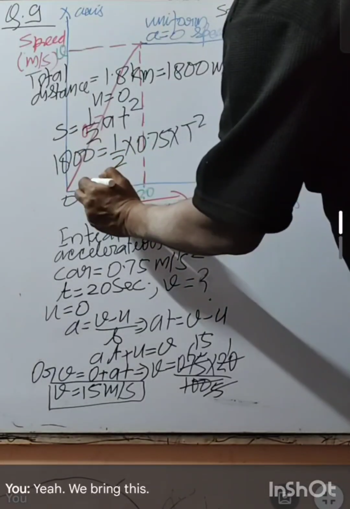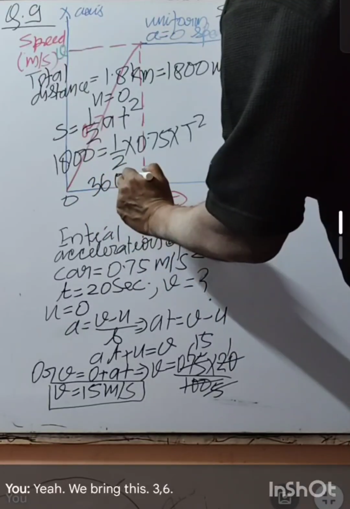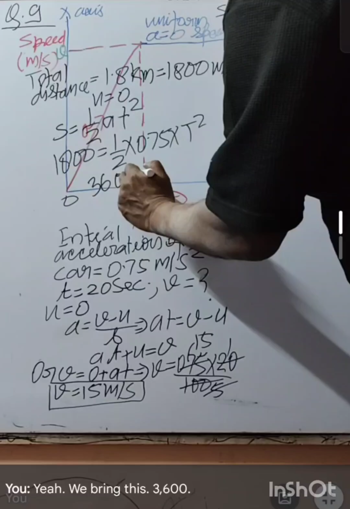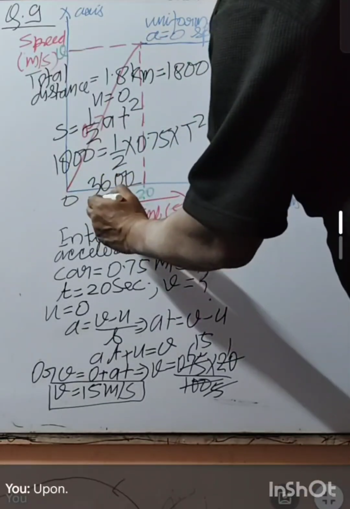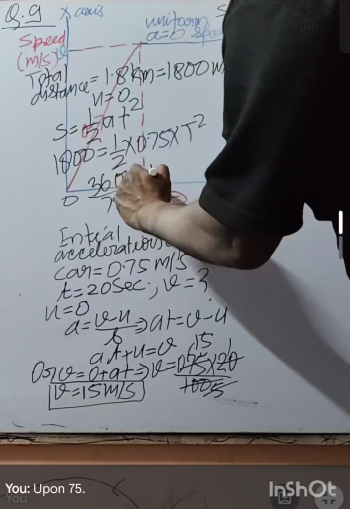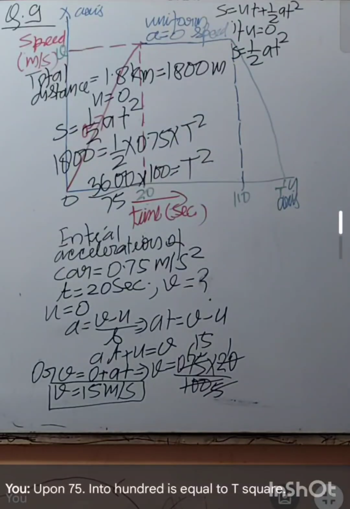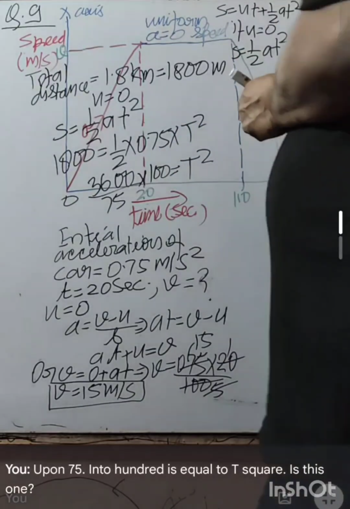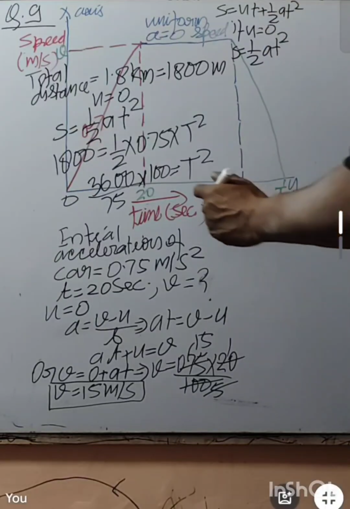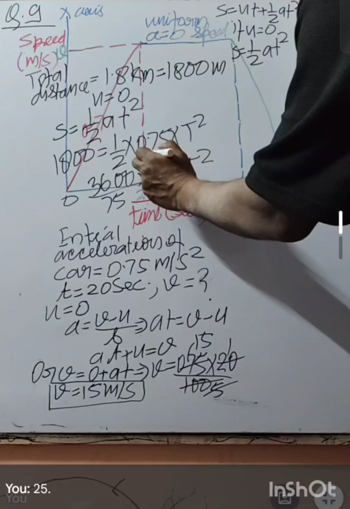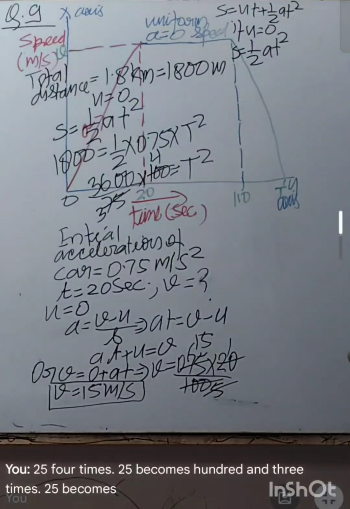We bring this 3600 upon 75 into 100 is equal to t square. Is this so? Four times 25 becomes 100 and 3 times 25 becomes 75.